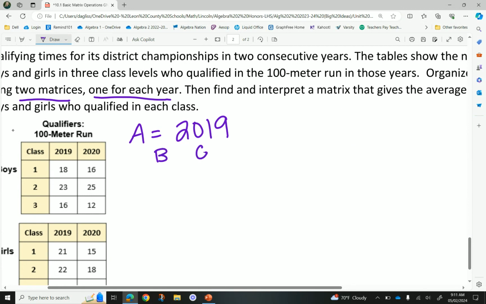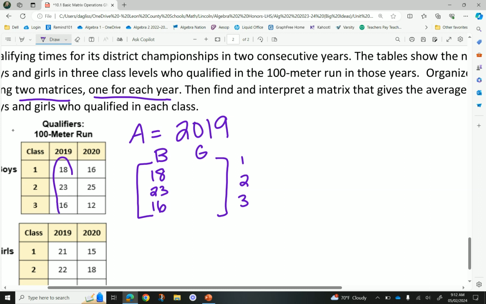So we're going to set it up boys, girls, and class 1, class 2, and class 3. This is how matrix A is going to get set up. Okay? So how many boys in 2019 were in class 1? How many boys were in class 2? And how many boys were in class 3? 16.